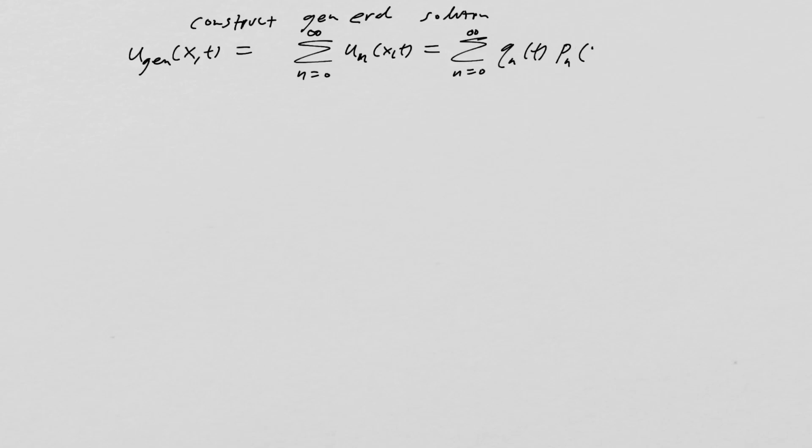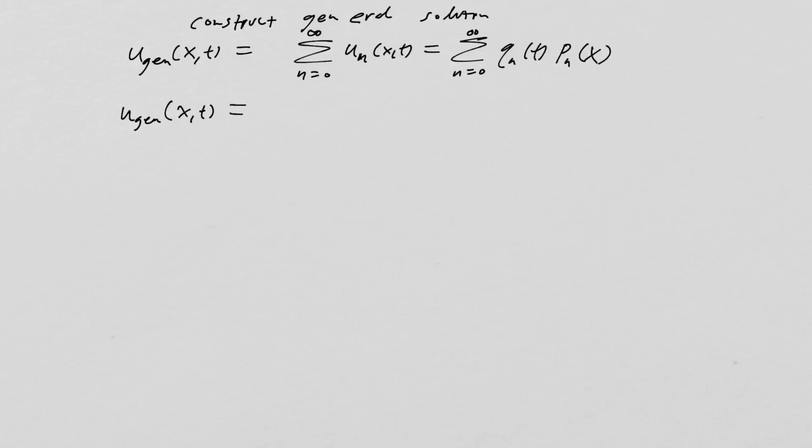The general solution, we'll call it U general of x comma t, is going to equal the sum, starting at n equals 0 and going up to forever, of the un x comma t, which is going to be written as the sum n goes from 0 up to infinity of qn of t times pn of x. I can write it as follows.